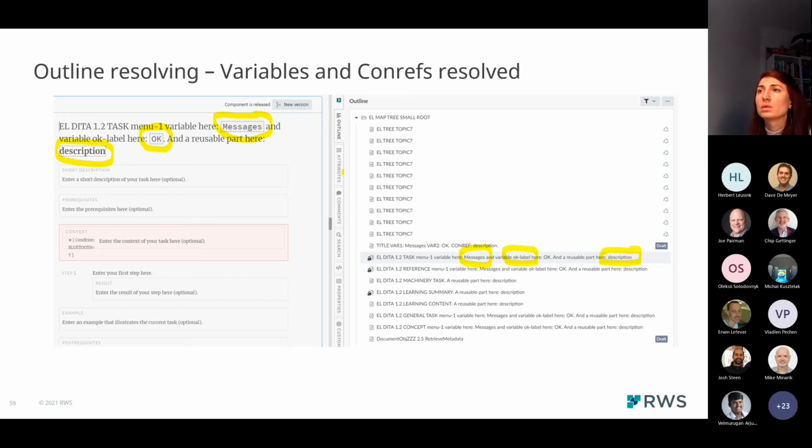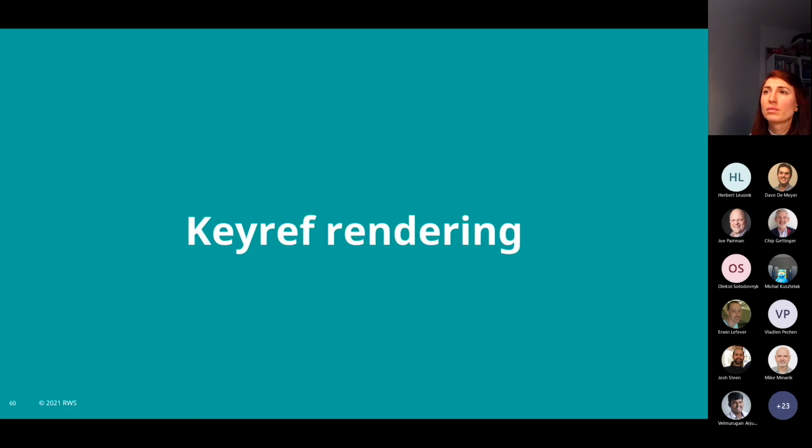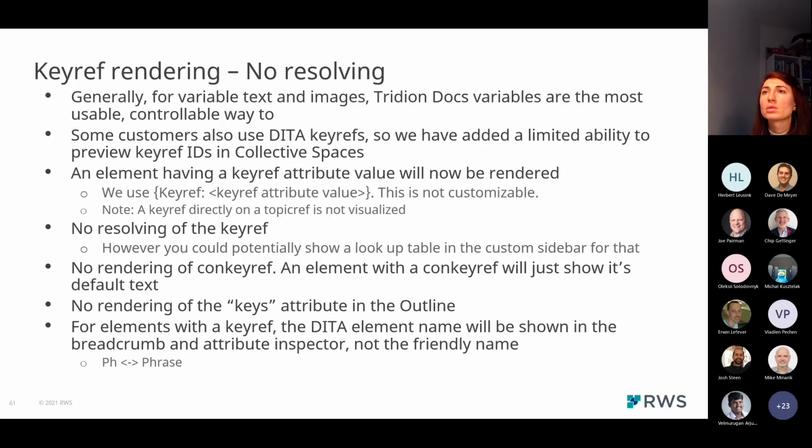So basically you see what is in the document topic and how we resolve it in the outline. And let's maybe talk about cases when we have keyref in the publication and how we render it in the document. So what happens with the keyref? Some clients are still using that.